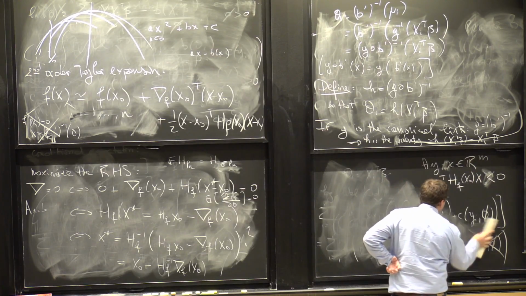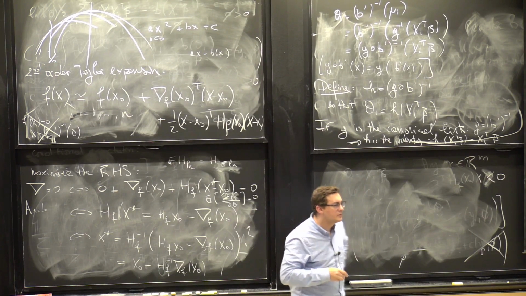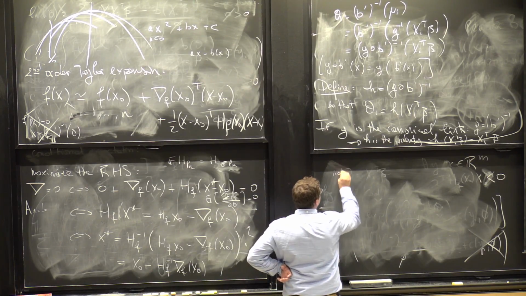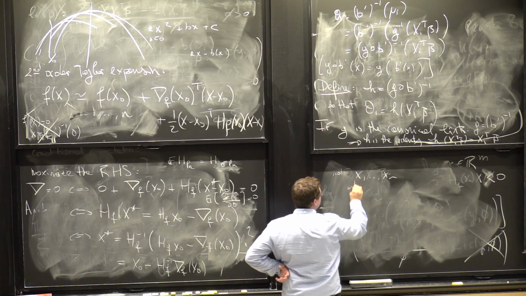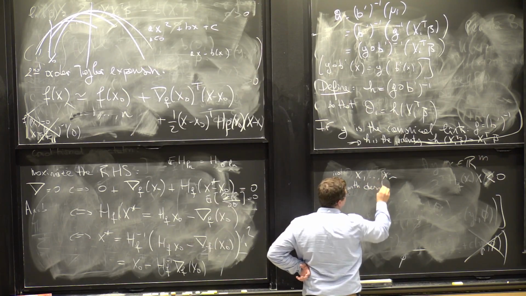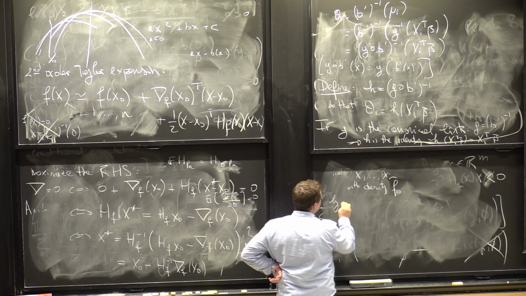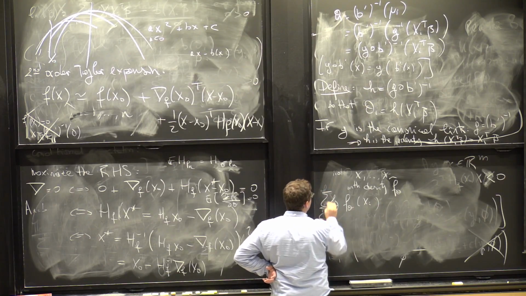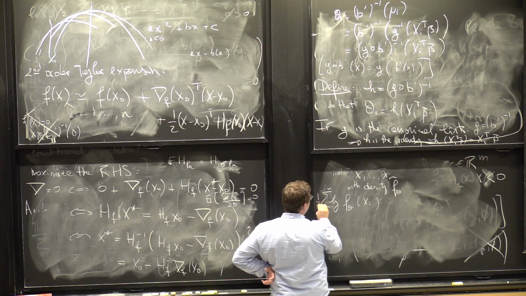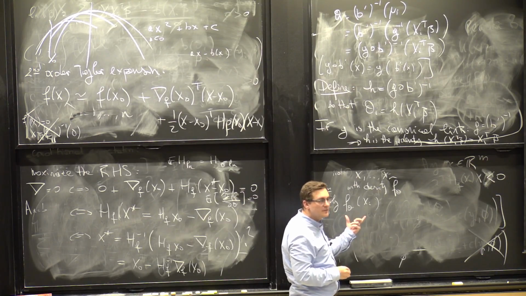If I have IID observations, that should be pretty obvious. So if I have IID x1, ..., xn with density f theta, and if I look at the sum from i equal 1 to n of log f theta of xi, I need to actually have a 1 over n here. When I look at the expectation, they all have the same expectation.